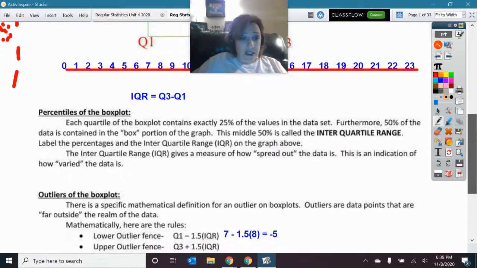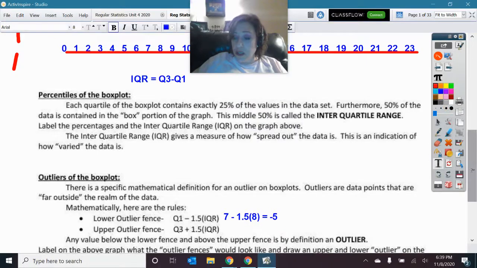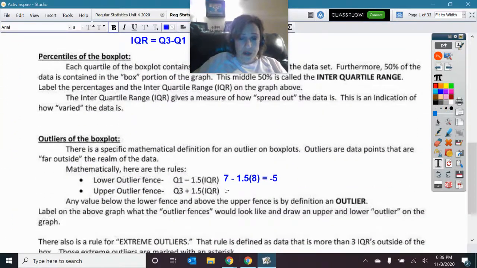Okay, let's take a look here at the upper fence. It is defined as Q3 plus 1.5 times the IQR. So in our case, that Q3 was 15. So we're going to do 15 plus 1.5 times that IQR.